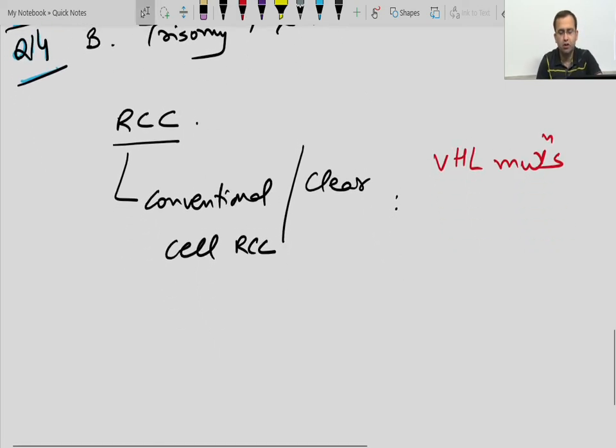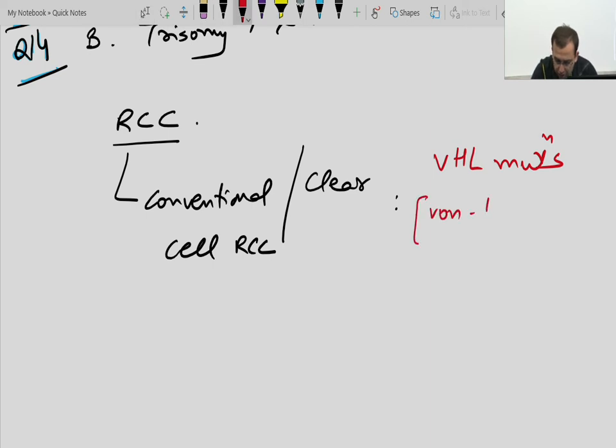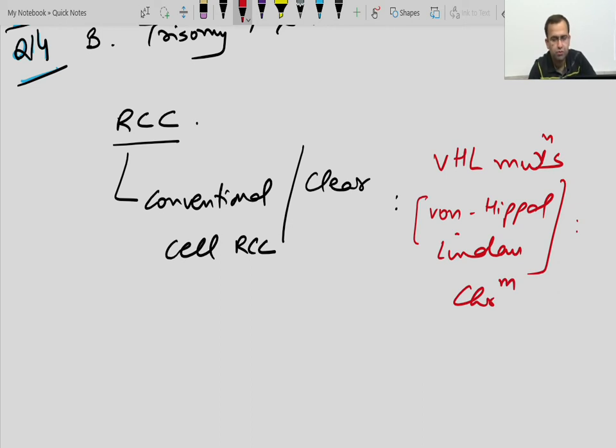VHL stands for von Hippel-Lindau mutations present on chromosome. How many alphabets are there in VHL? 3. So present on chromosome 3.